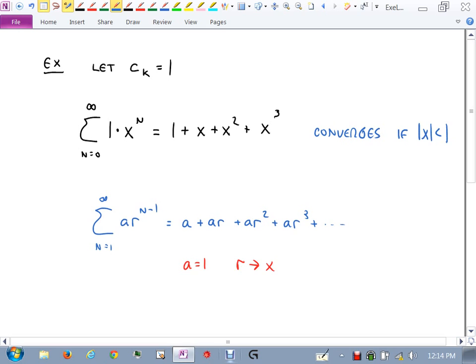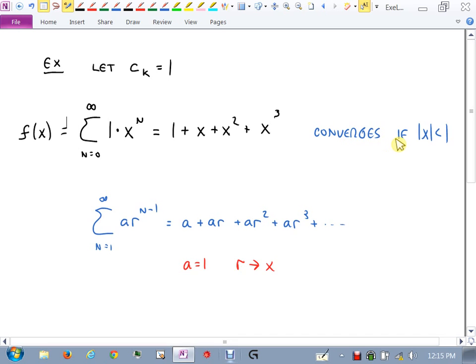So there's a little bit of a connection here: we knew when the geometric series converged, and now we know when this power series converges. If I define this as a function, the domain would be as long as you let the absolute value of x be less than 1, everything between -1 and 1. If you try to go outside of that, the function isn't defined.